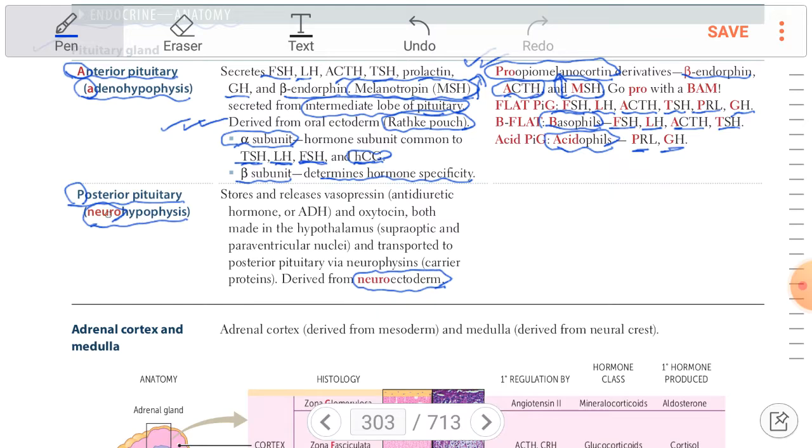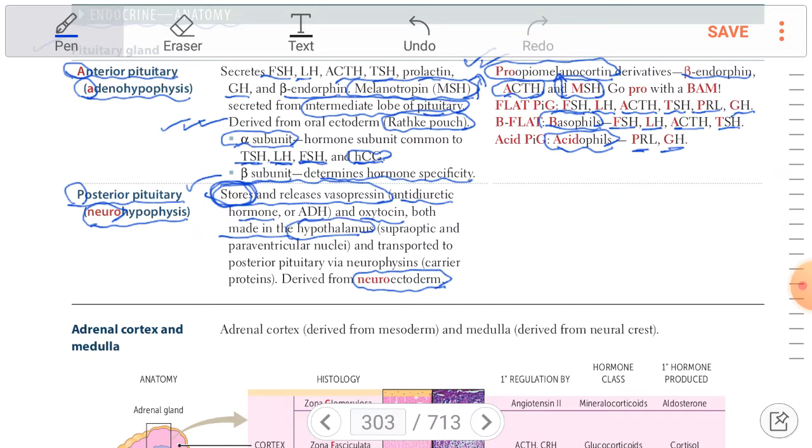Then we will go to the posterior pituitary. The posterior pituitary will store and release vasopressin. It's important to concentrate here, because it stores what? Antidiuretic hormone, ADH, and oxytocin. Why is it so important that they are stored here? Because both of them are made in the hypothalamus.